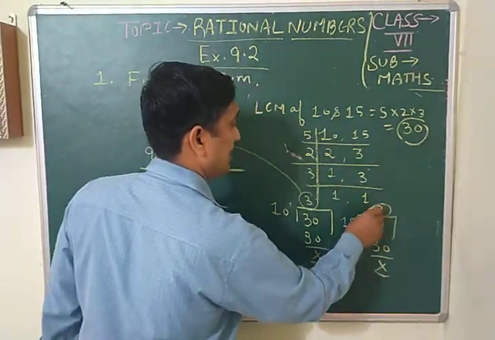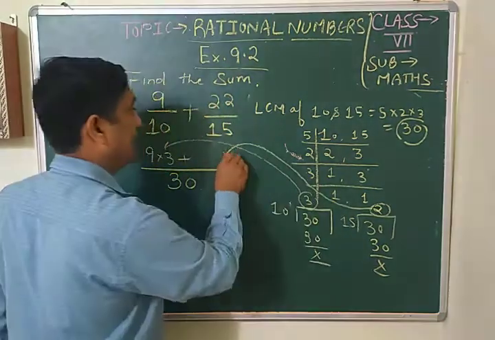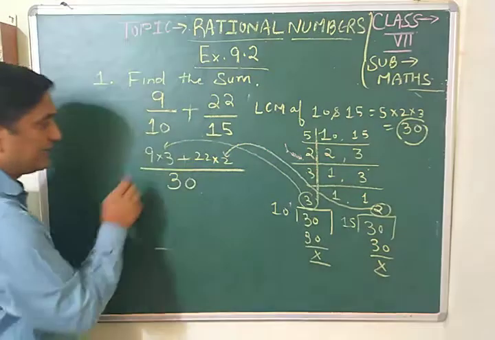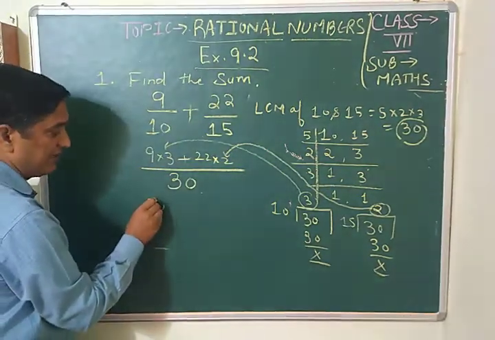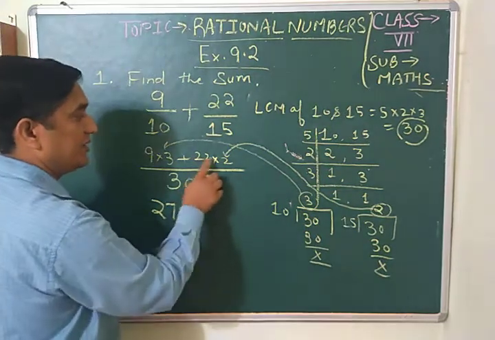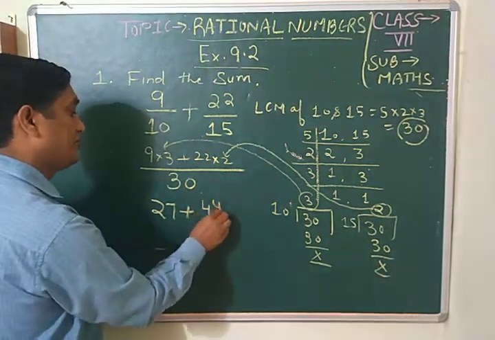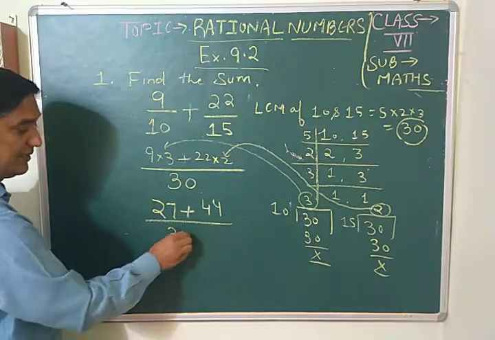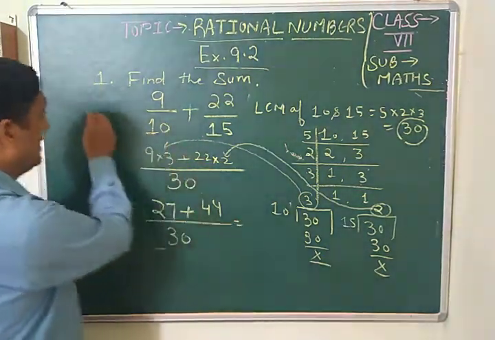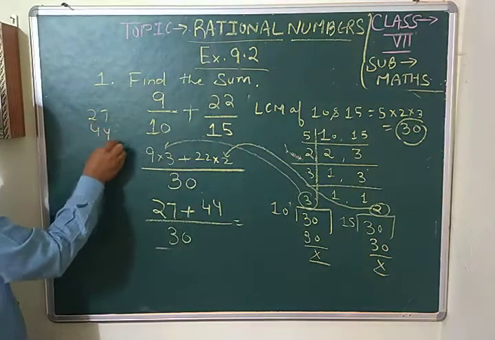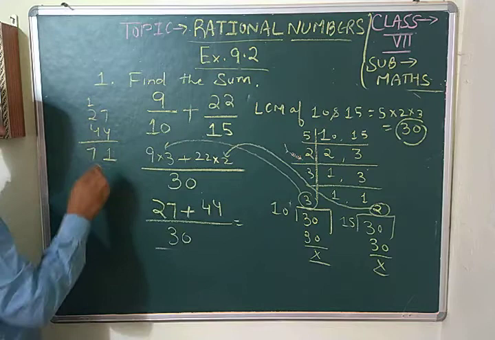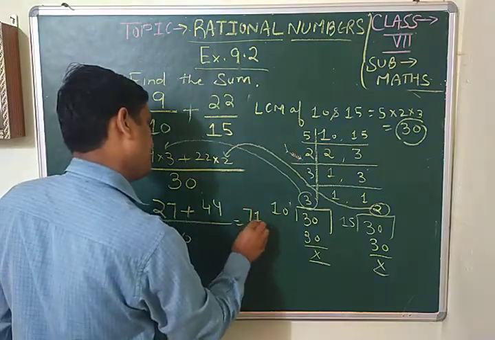Now we multiply this quotient by this numerator. Now we get 9 3s are 27 plus 22 2s are 44 upon 30. Now add 27 and 44, it becomes 71 upon 30.